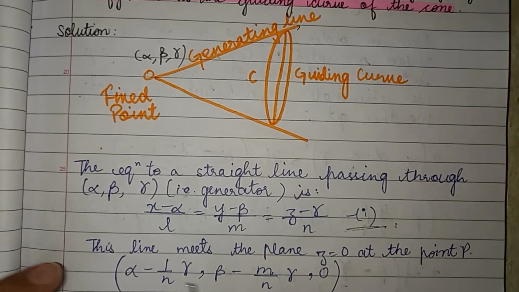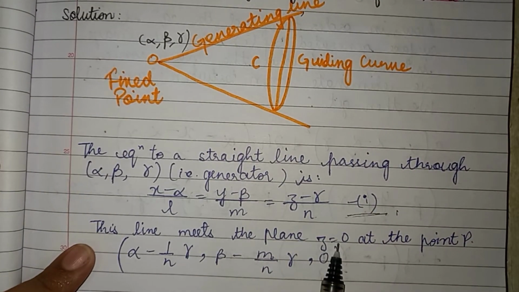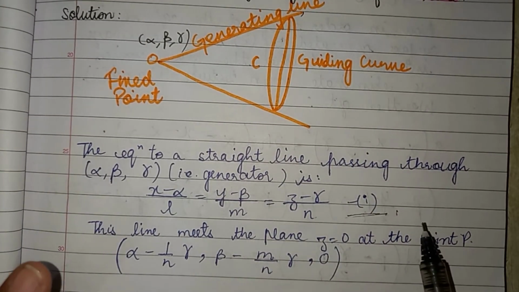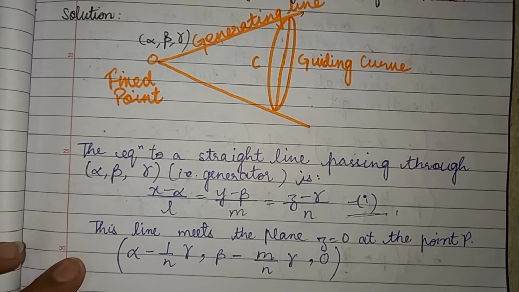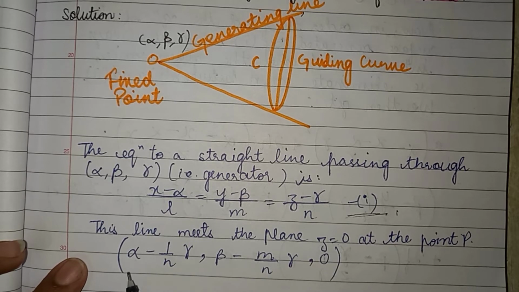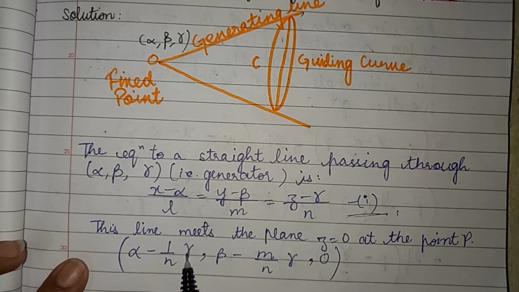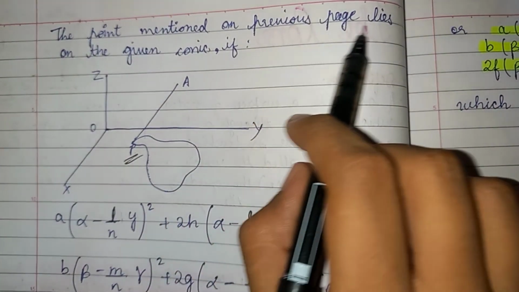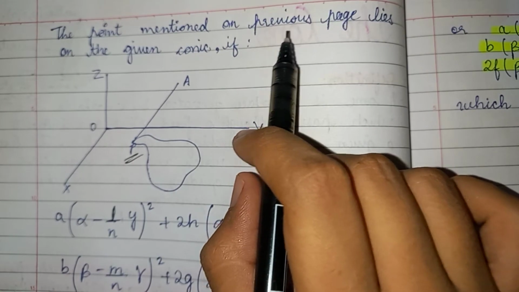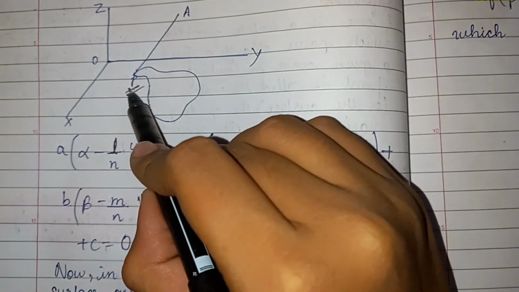Here, this line meets the plane z is equal to 0 at the point P. Okay, we will assume a point. So the point is (alpha minus l upon n gamma, beta minus m upon n gamma, 0). Now moving further, the point which I mentioned on the previous page lies on the given conic here.